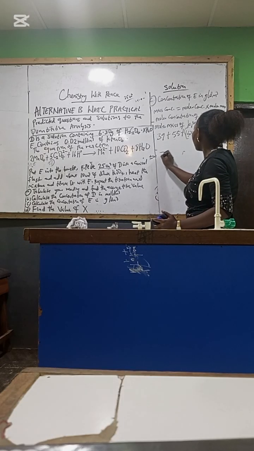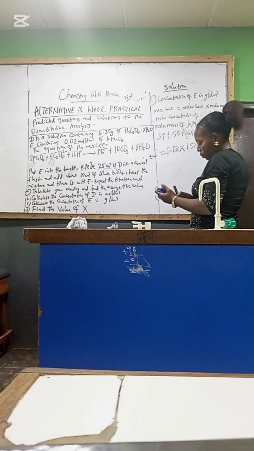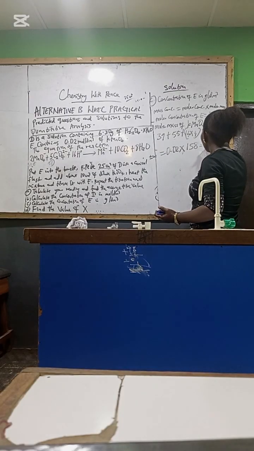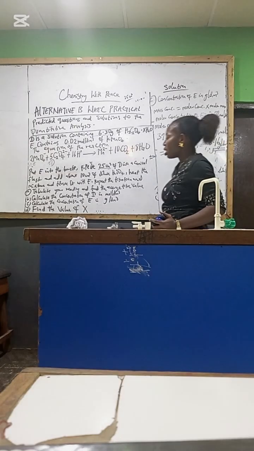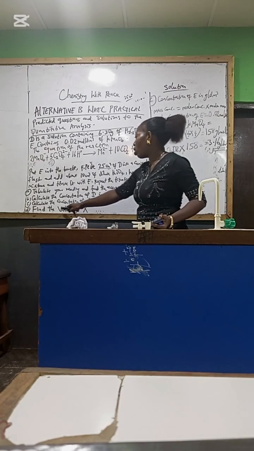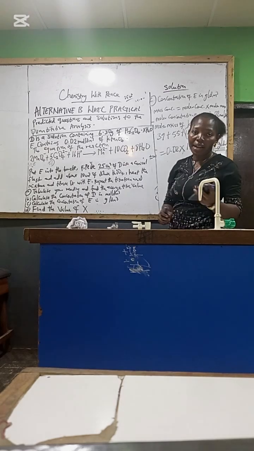So let's substitute the value. We are going to have 0.02 times 158, and that will give us 3.16 gram per dm cube. So we just got the concentration of E in gram per dm cube as 3.16 gram per dm cube.